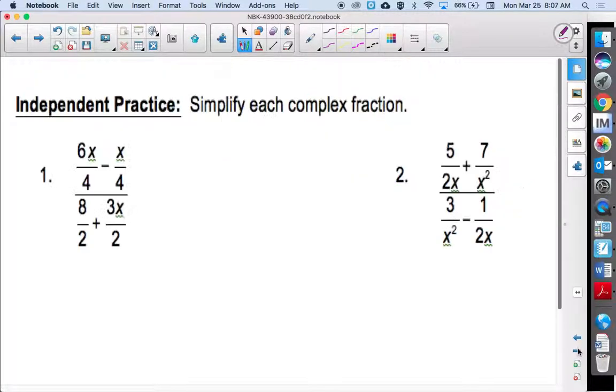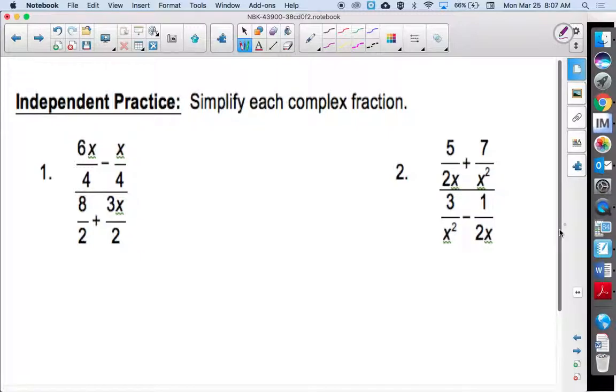So if you look, there's a couple examples down below. We'll kind of do a couple to try and look at each type of problem. So looking at number 1, we have 6x over 4 minus x over 4, and then we have 8 over 2 plus 3x over 2. So this would be method number 1, because the denominators are already the same on the top, they're the same on the bottom. So we can just subtract the numerator.